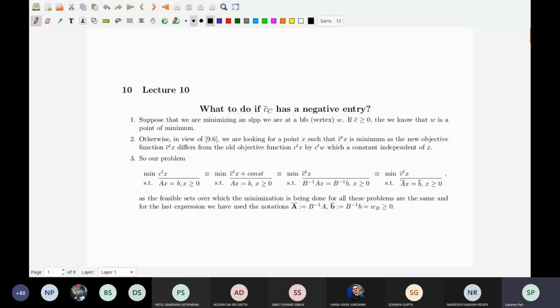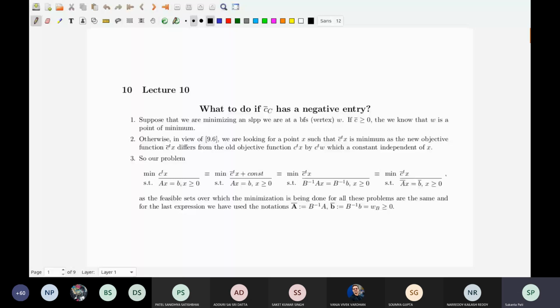Okay, so as we have observed, for the computer to realize what a BFS is, and if it finds a BFS, how to test whether it is a minimal BFS or a maximal BFS.